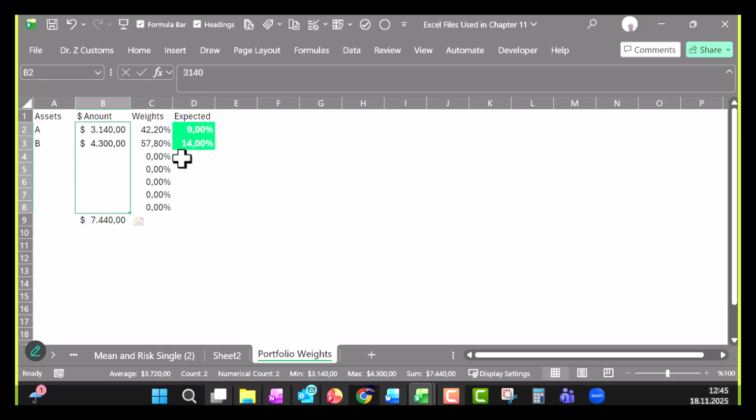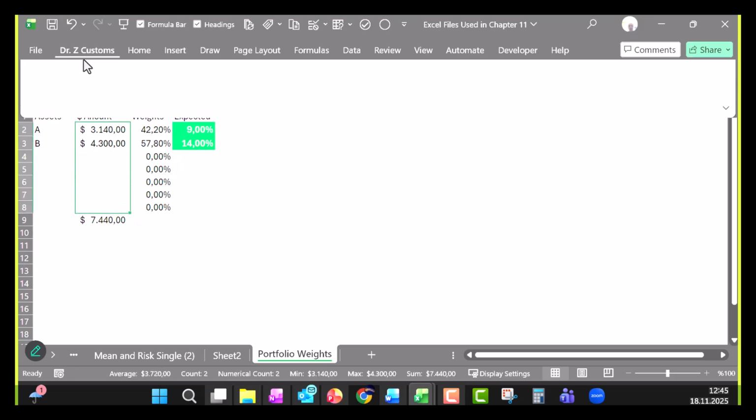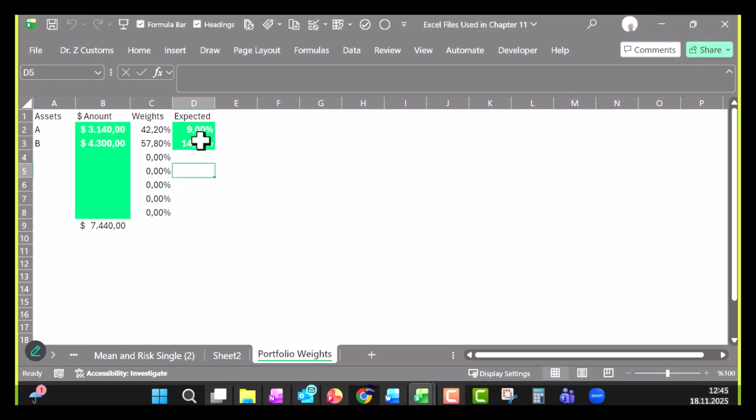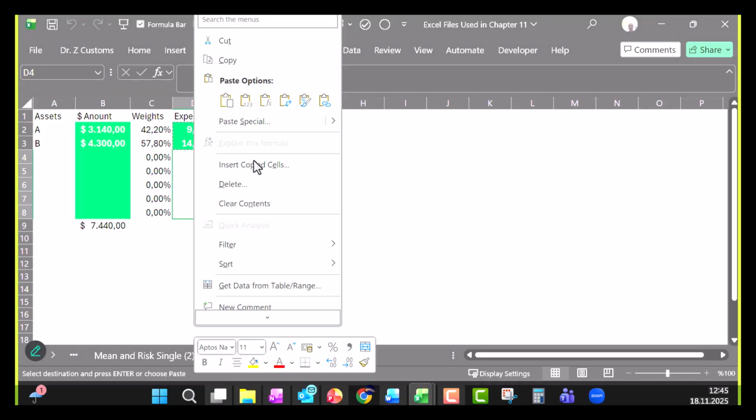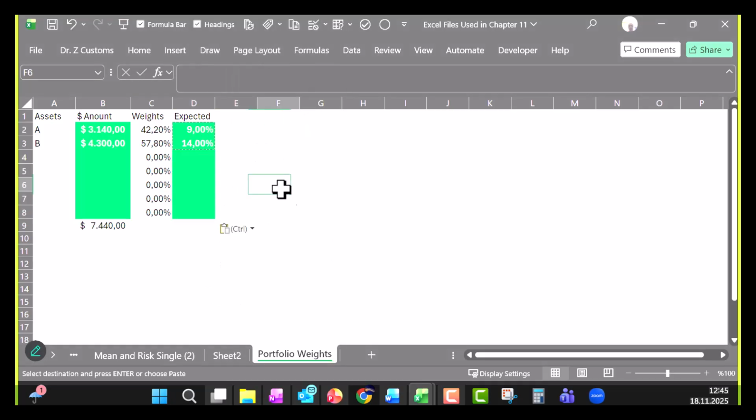These are also inputs. And for the portfolio.